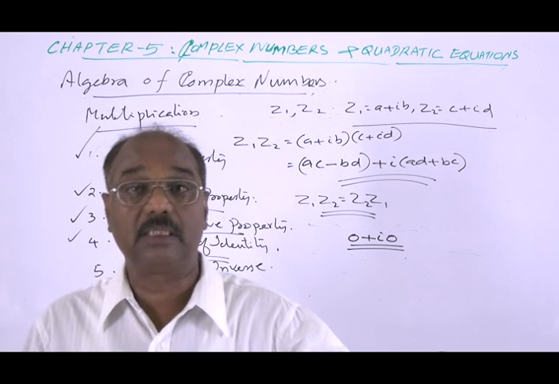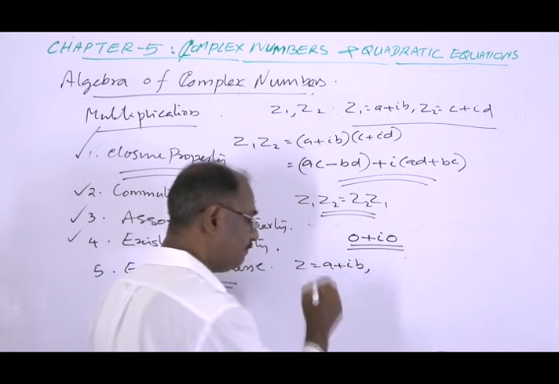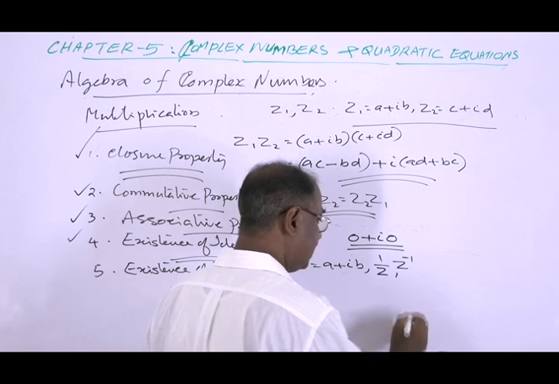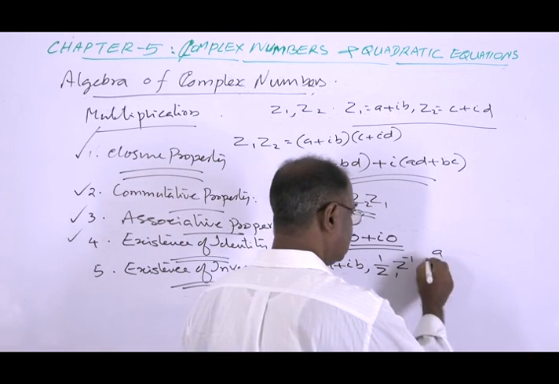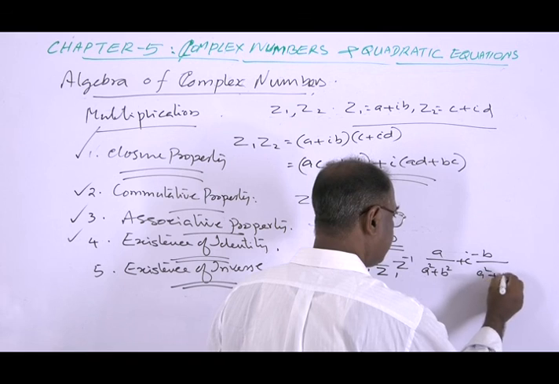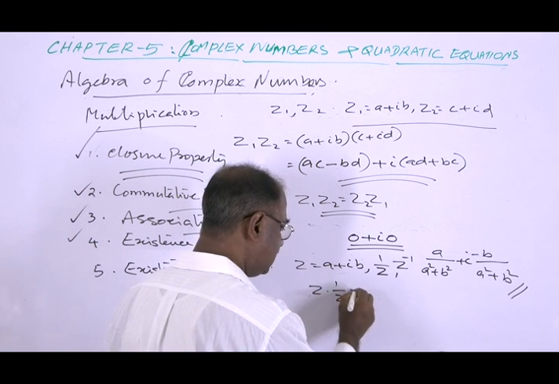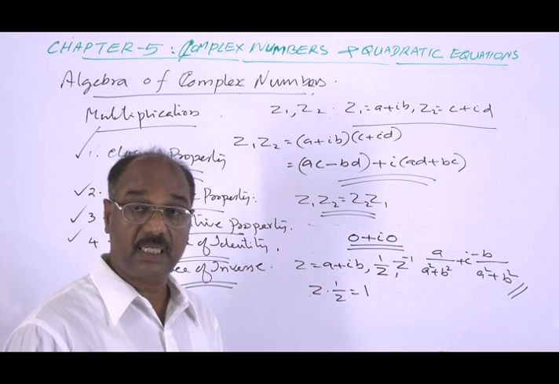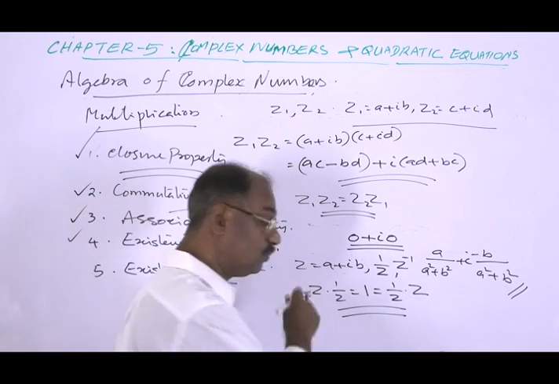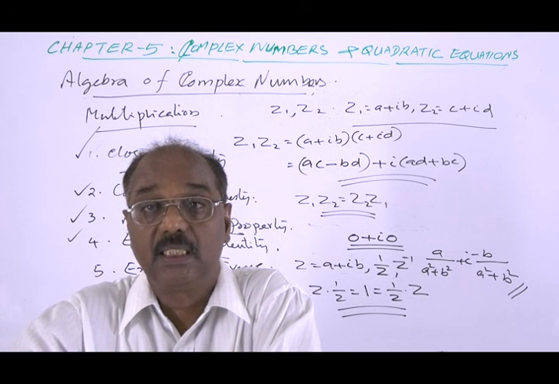Except for this, for every Z equal to A plus IB, we have another complex number denoted by 1 by Z or Z inverse, defined by A by (A squared plus B squared) plus I into (minus B by (A squared plus B squared)), such that Z into 1 by Z is equal to 1, the multiplicative identity, which is equal to 1 by Z into Z.